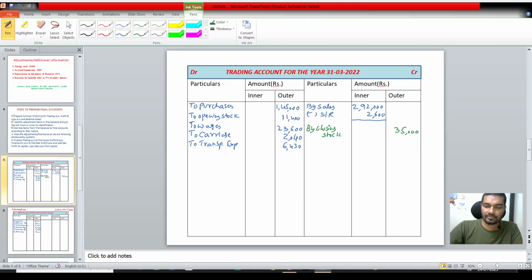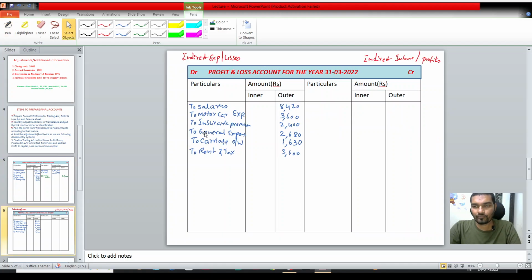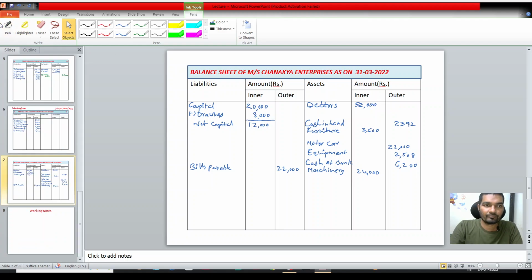This is the first time, and the second time we have to show it on the asset side, closing stock 35,000. So two times we have posted. First time trading account credit side, second time balance sheet asset side.